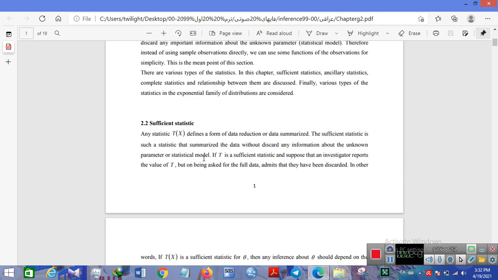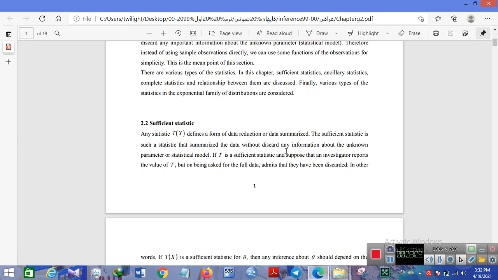So the statistic T(x), a sufficient statistic, summarizes the data without discarding any information about the unknown parameter.